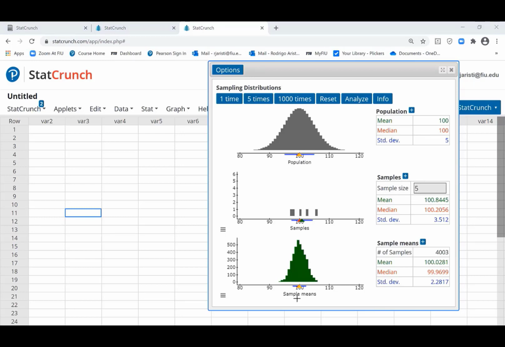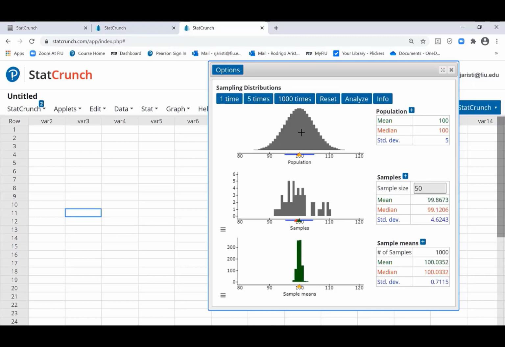Then the distribution of all of these green points, which represent samples of size 50, will be closer to the center. Then the distribution will be narrower. Let's change the sample size to 50. Then when we obtain 1000 samples of size 50, let's observe what happened with the distribution.